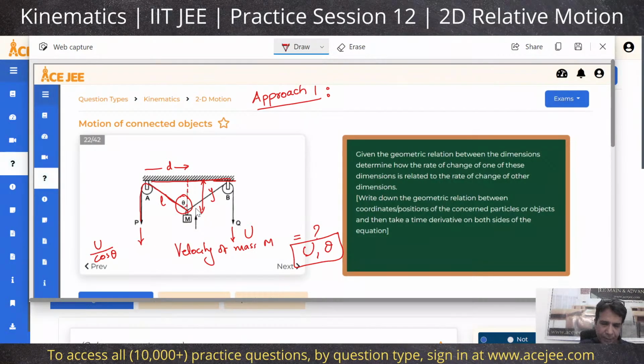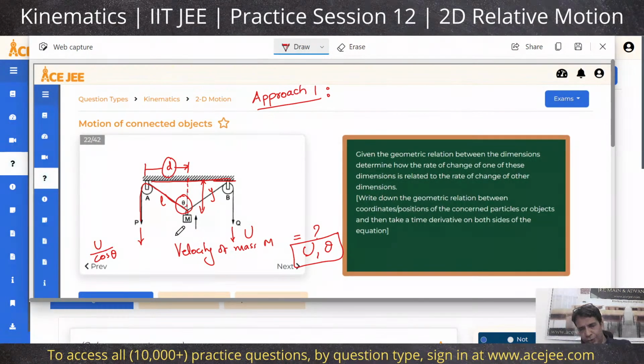L is the distance of the string from pulley A to the mass end, and D is the distance of the pulley from the center of the two pulleys, essentially from the pulley A till the line passing through the mass end.